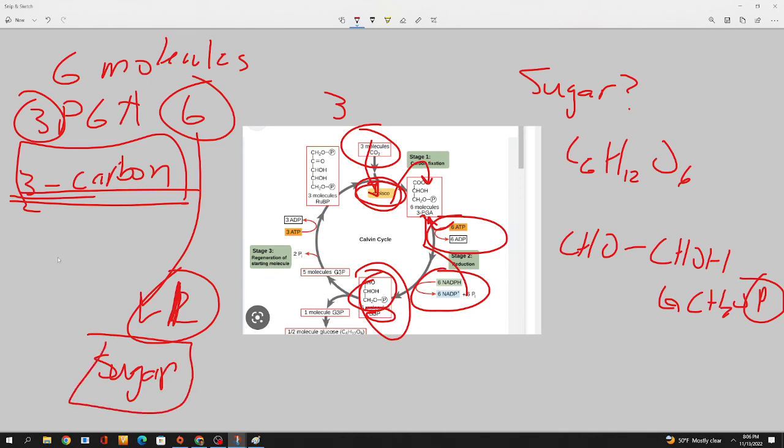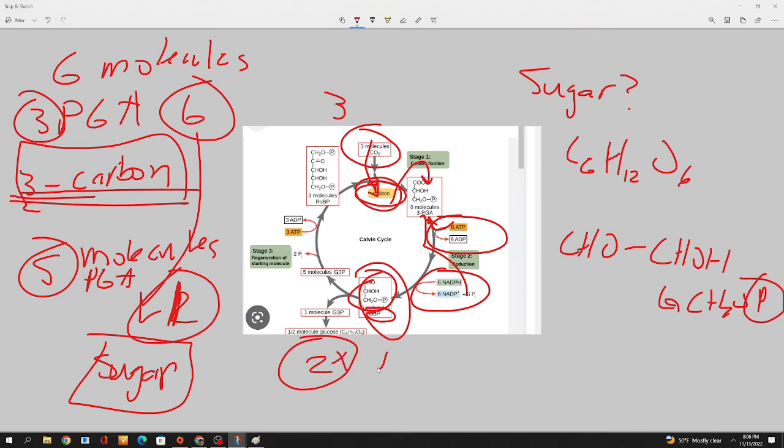And the 5 other molecules of 3-PGA are actually used to create Rubisco again, to recycle this process. And remember, this process happens 2 times. So in total, you're going to be creating 2 partial glucose molecules. Let's just call that partial glucose molecules. In reality, it's G3P.